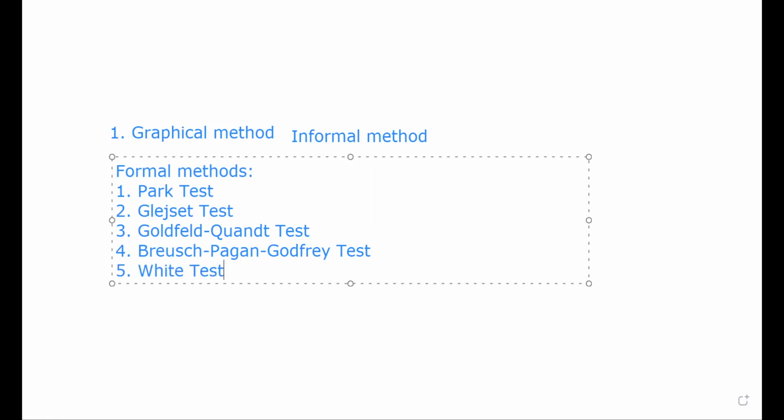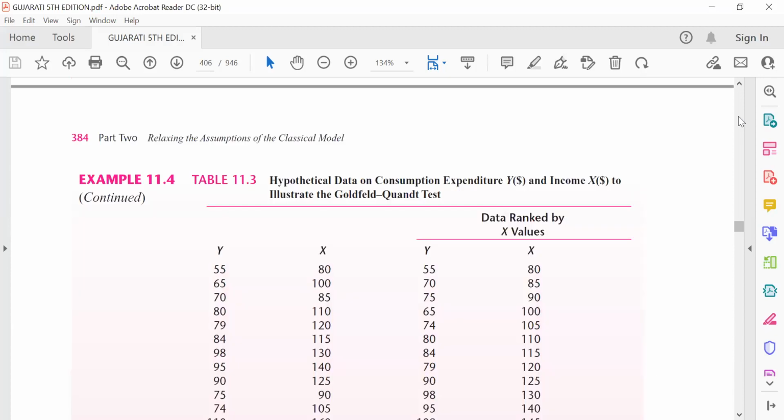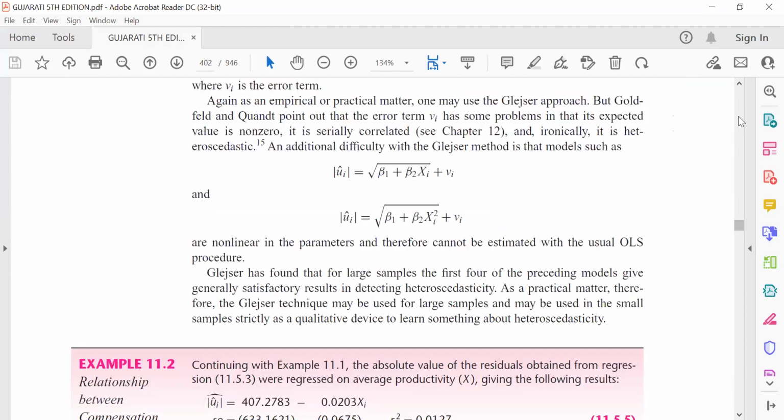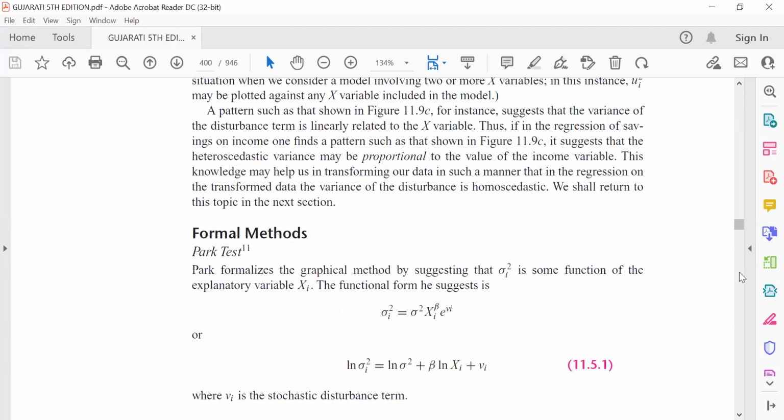Some of them here. We start with the Park test.